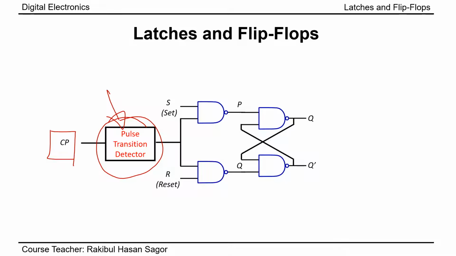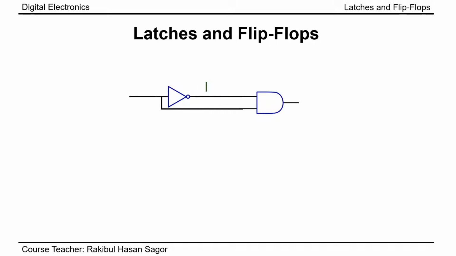There are several methods of designing this pulse transition detector. Let's see how we can design a typical one. This is a typical logic diagram of a pulse transition detector. This circuit will be used to detect the positive edge transition.